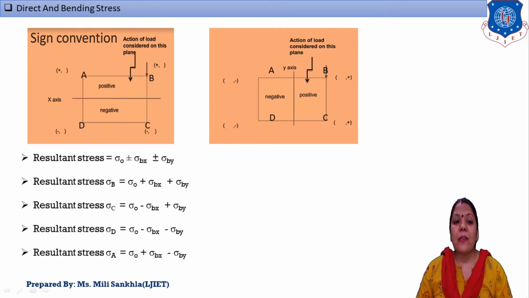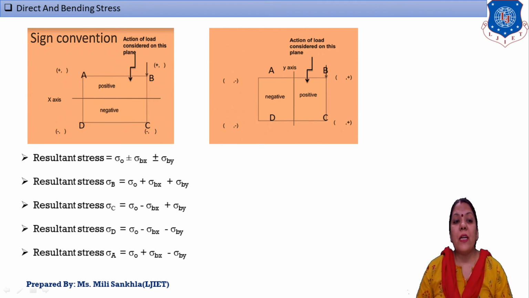Second case, resultant stress at C: this corner has direct stress given. Here the value of x is negative, minus sigma bx, and the value of y is positive, sigma by.